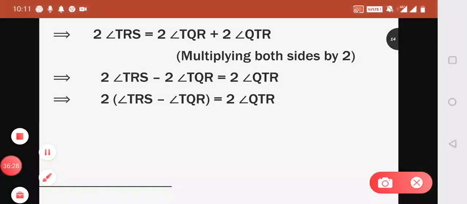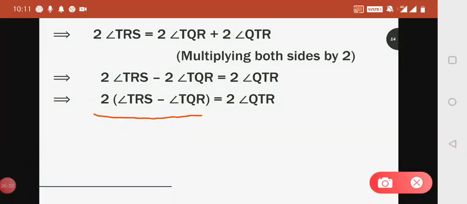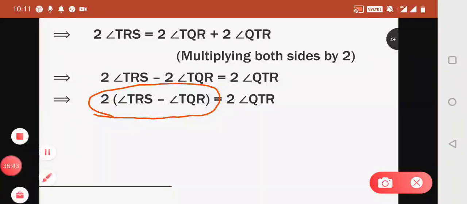Now this we have already found from equation 3, that twice angle TRS minus twice angle TQR will be equal to angle QPR.